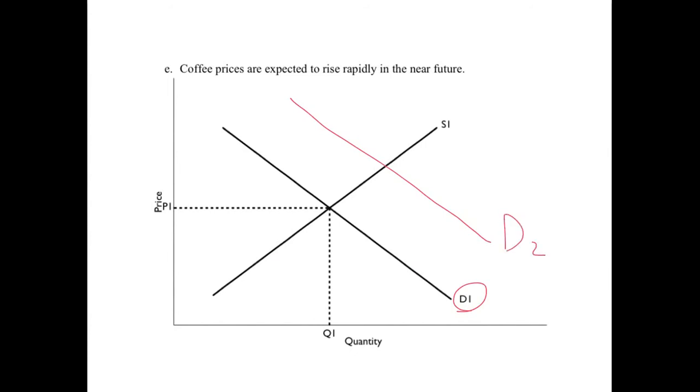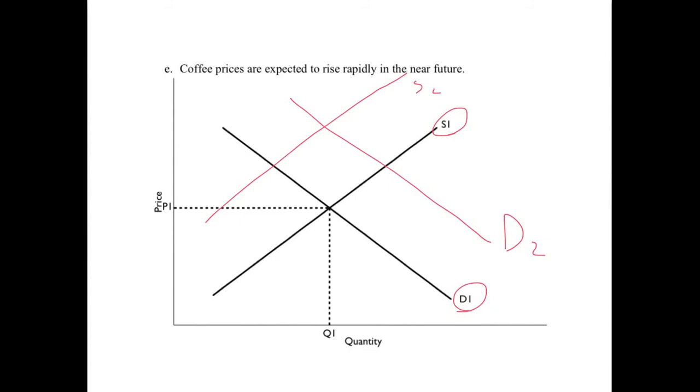At the same time, if you're a coffee producer, you don't want to sell your coffee now. You want to wait and sell the coffee later at the higher price. And so we would expect today's supply of coffee to fall to S2. Again, that's to postpone the selling of our coffee. Well, we have to be careful here.